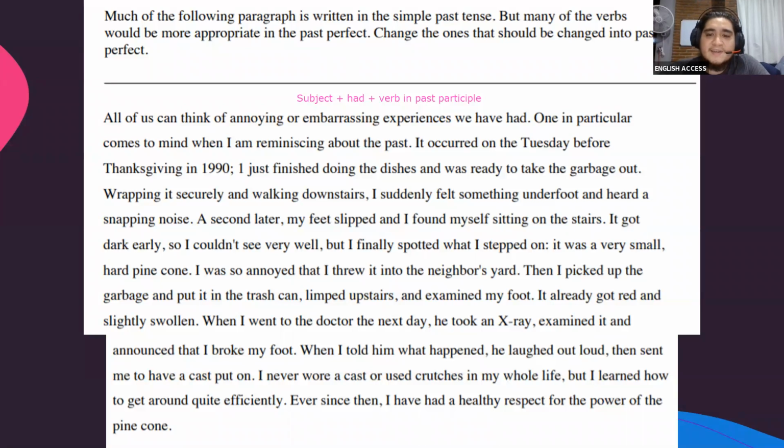What I had stepped on. That can also be changed because that happened before this action. I finally spotted what I had stepped on. Yes, it's an action in the past before an action in the past.